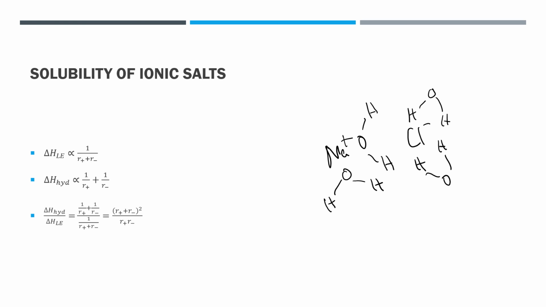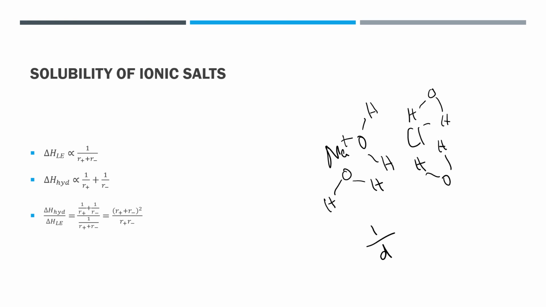So let's look at the delta H's. What are these delta H's proportional to? We have lattice energy is going to be proportional to, remember, 1 over distance. Here we're using delta H sort of interchangeably with potential energy, which is not entirely correct, but it's a good enough approximation for our use in this system.